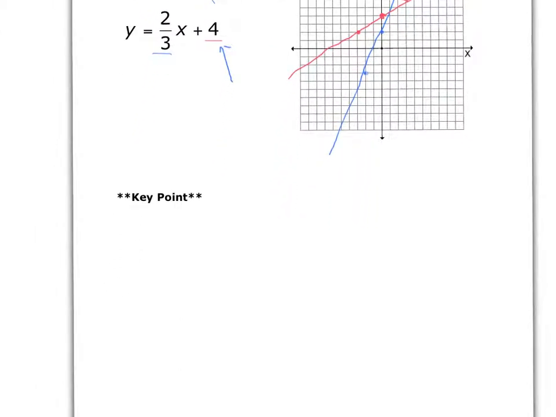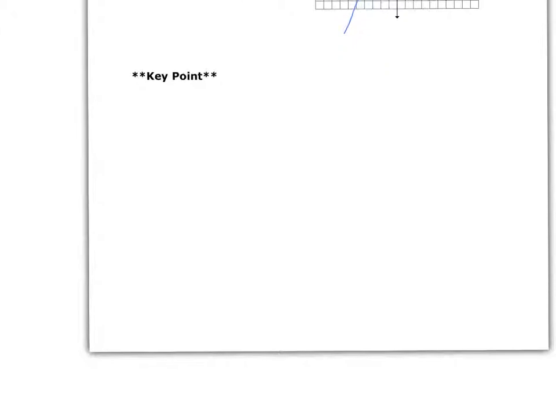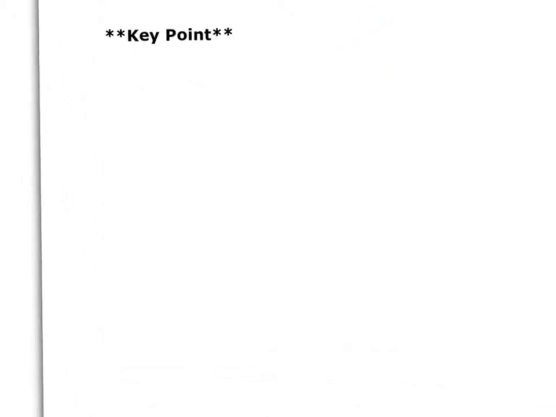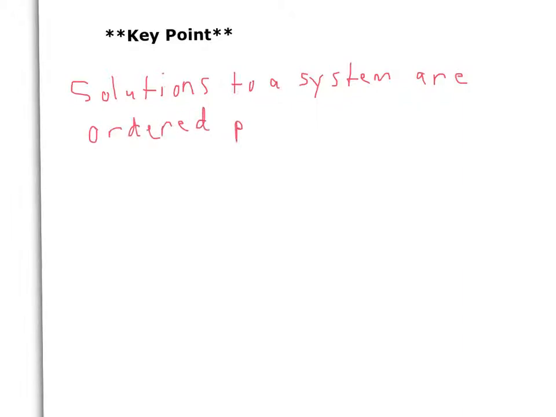Some key points that I want you to think about, so go ahead and write these down. Key points: solutions to a system are ordered pairs.